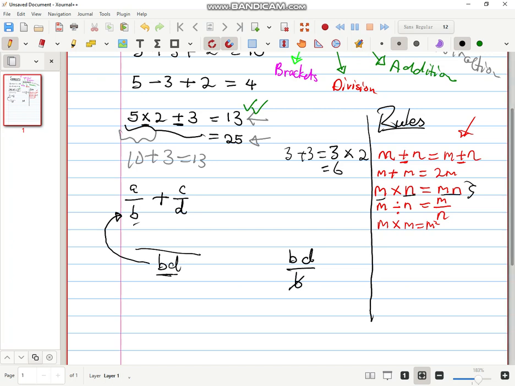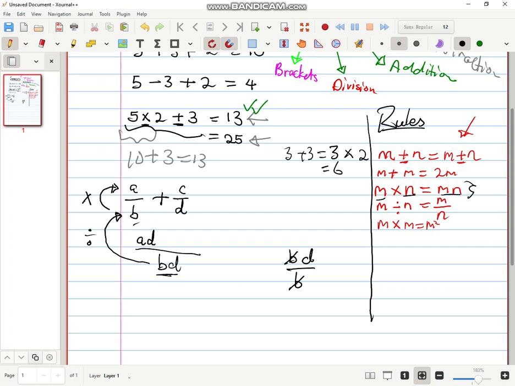The b is going to cancel the b, right? If we have 3 times 2 all over 3, 3 is going to cancel 3. You're going to be left with 2. So b is going to cancel b, and we are going to be left with d. Whatever we are left with, we're going to multiply it with the a here. So we're going to have ad.